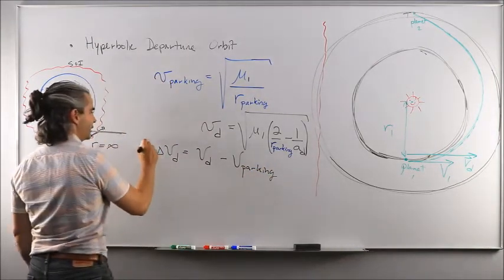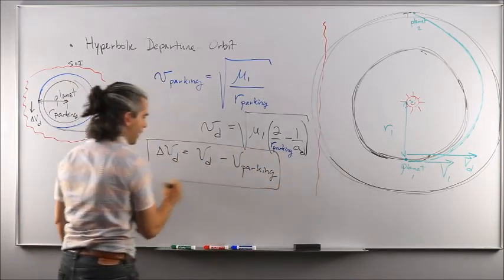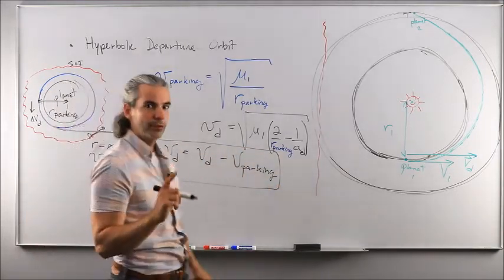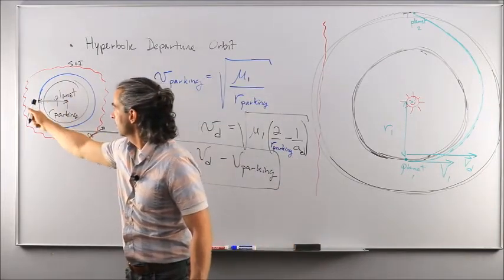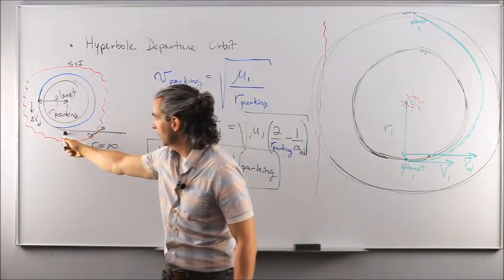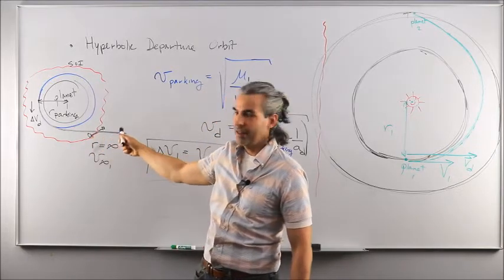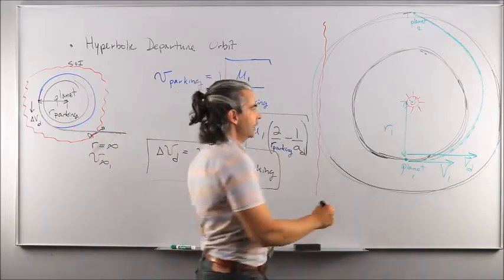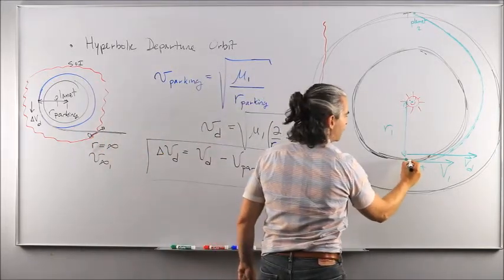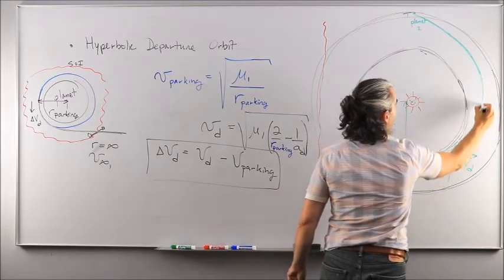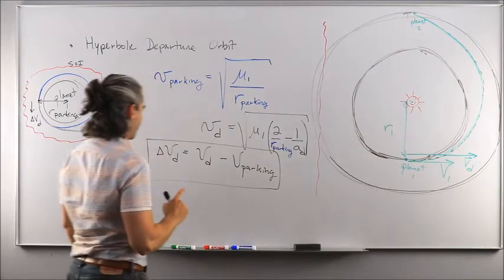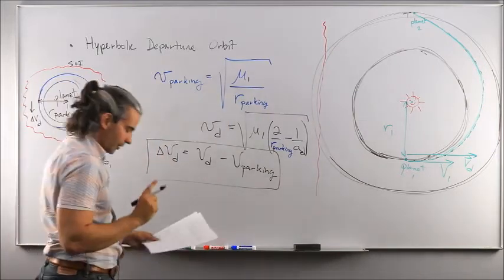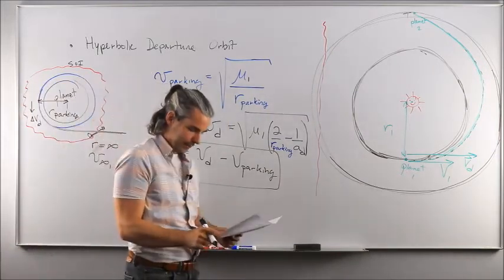And that will be your answer for the actual magnitude of the only thrust maneuver that you need to apply to go from parking onto this hyperbolic trajectory that has an excess speed sufficient to take us from planet 1 onto this big elliptical transfer orbit around the sun. Okay? This is where the only maneuver takes place to escape planet 1.